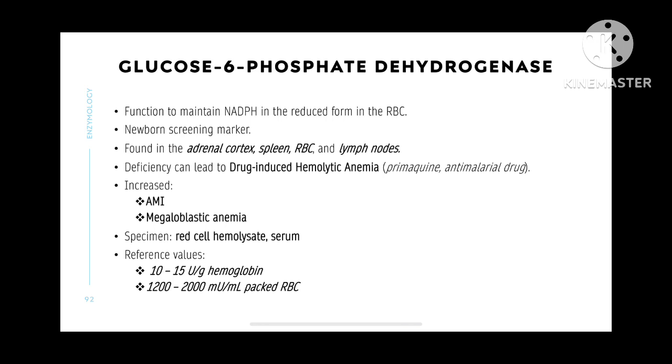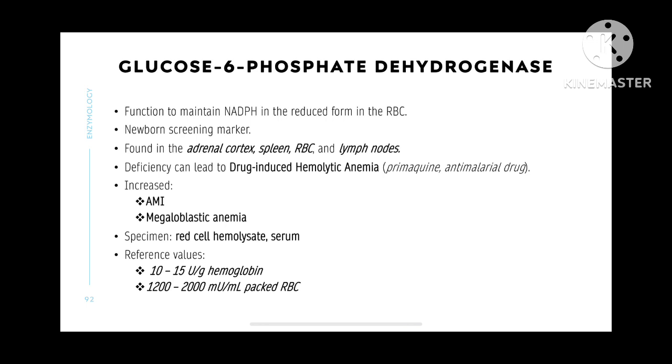Little activity is also found in normal serum. A deficiency of this enzyme can lead to drug-induced hemolytic anemia. So what are the types of drugs that could cause hemolytic anemia? Those are primaquine and also anti-malarial drugs.